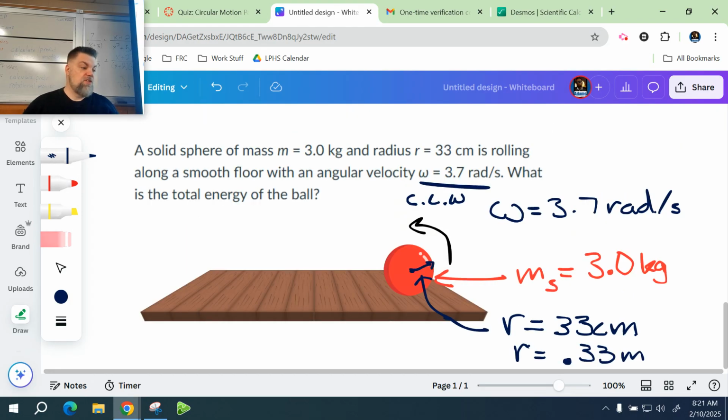What's the total energy of the ball? Well, if you flip through your notes, somewhere in there they have energy, or how can we calculate energy? Does anybody remember how to calculate energy?